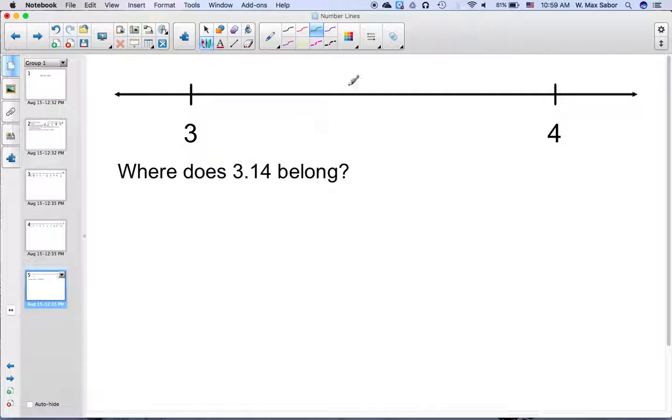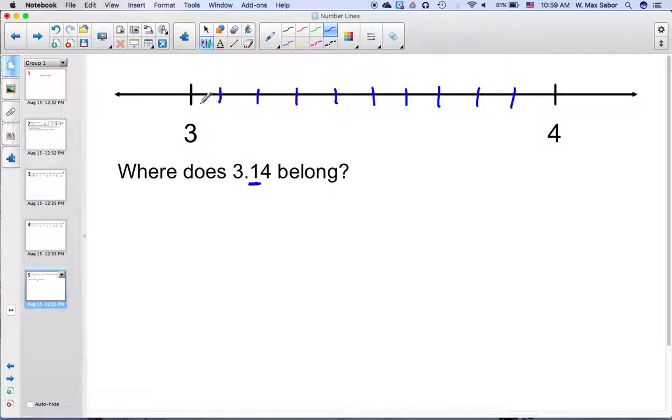So where would 3.14 belong? Well, here is 3 and 4. We know that 3.14 is somewhere between 3 and 4. The idea is that if we split this into 10 equal pieces, hopefully I can get 10 equal pieces. 1, 2, 3, 4, 5, 6, 7, 8, 9, 10.